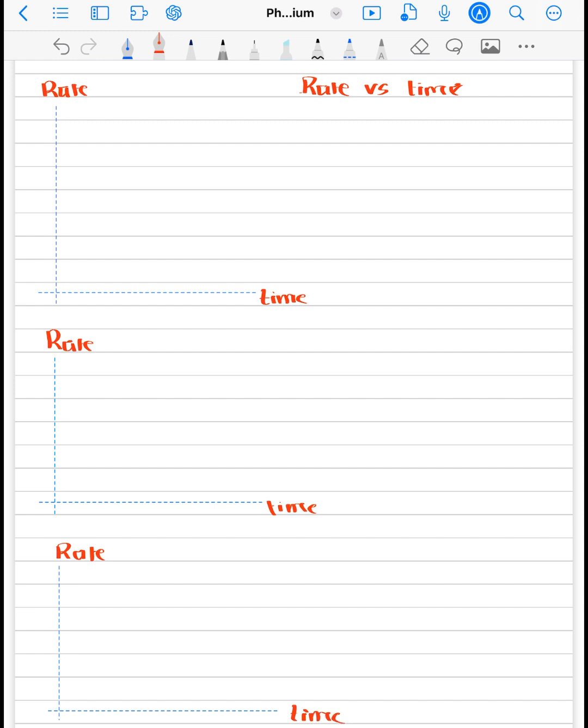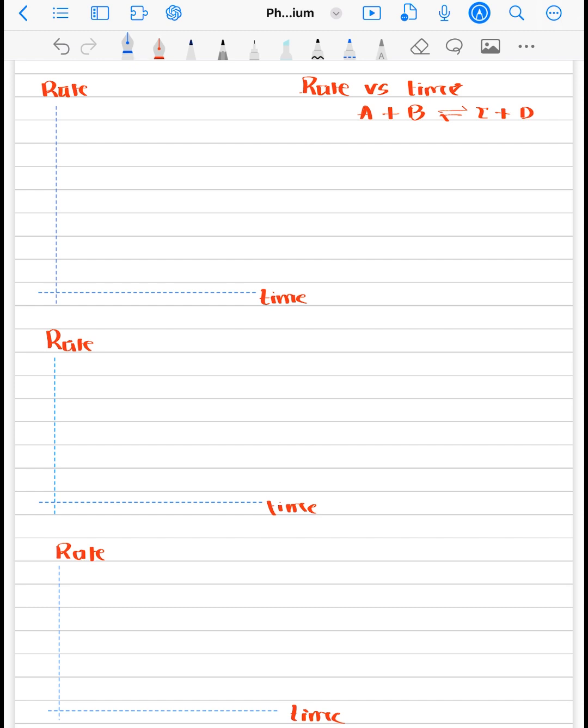Okay, so now let's say that we have a reaction, that is A reacts with B in order to give rise to C plus D, right?